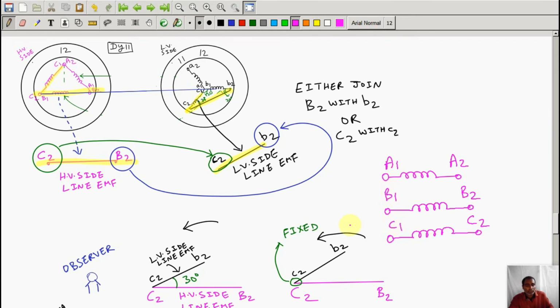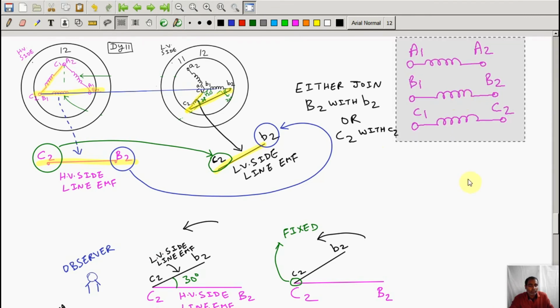Now the same thing I am going to do for the LV side. This was your HV side, now the LV side. Let's say I am taking this somewhere.